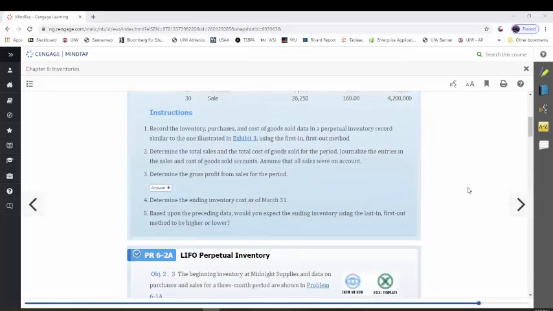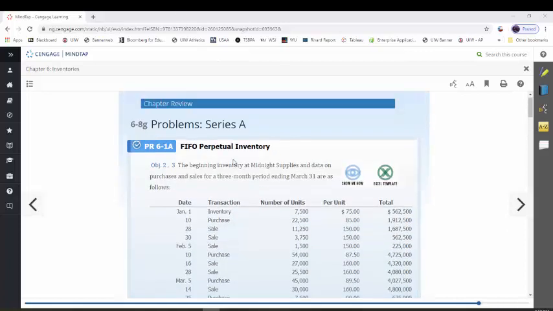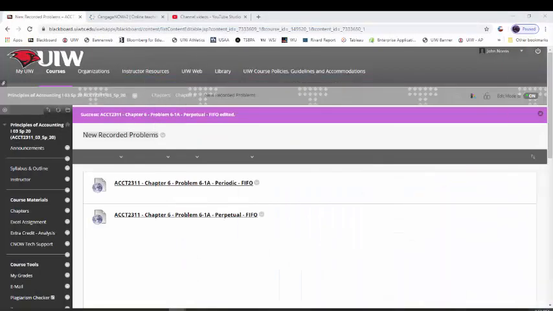Okay, this one is problem 6-2A, and what we're doing is using the same data set of midnight supplies from 1A, only now we're going to do it under LIFO. And so I am once again going to do the problem under both the periodic and perpetual.